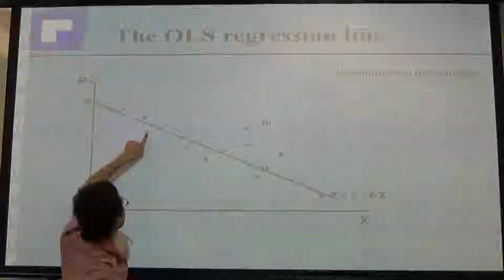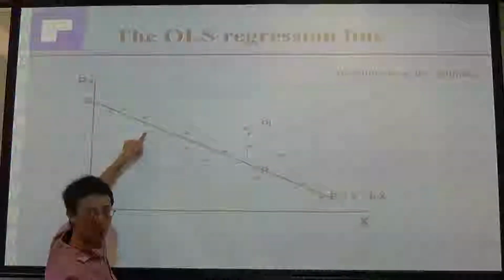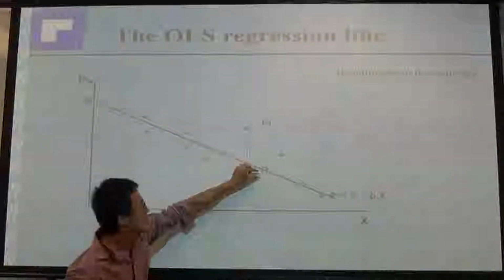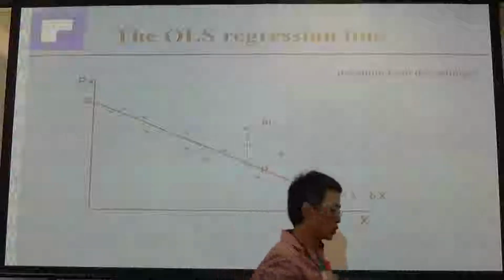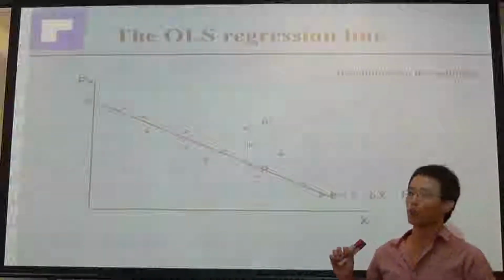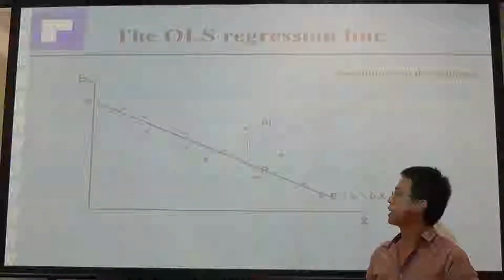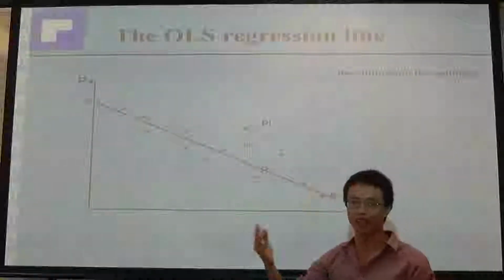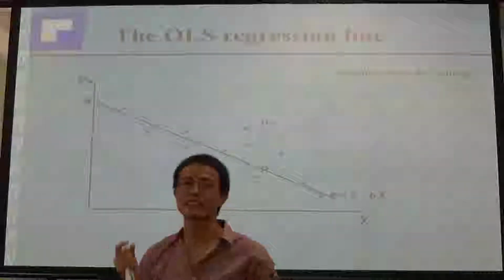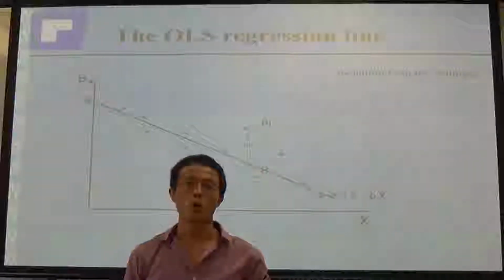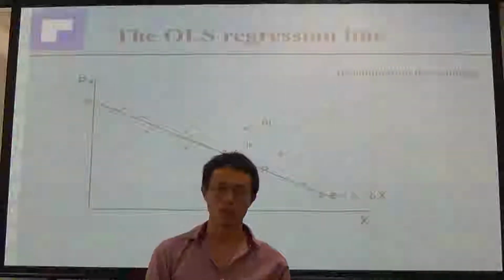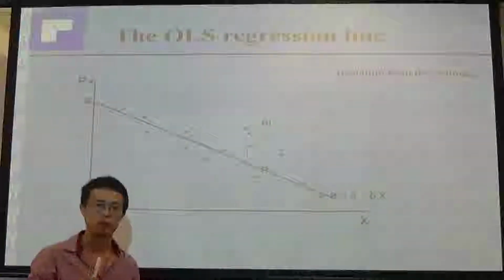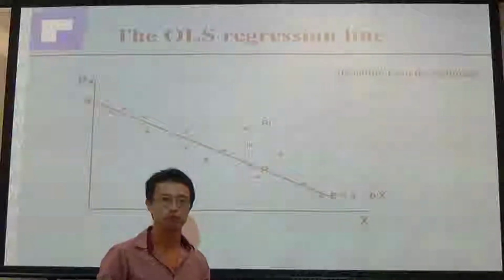And this point is below the line, so the error here is negative. So why don't we choose a line such that we get the smallest error? In this sense, we mean the best way. So we fit the line to the data such that the error is the smallest.